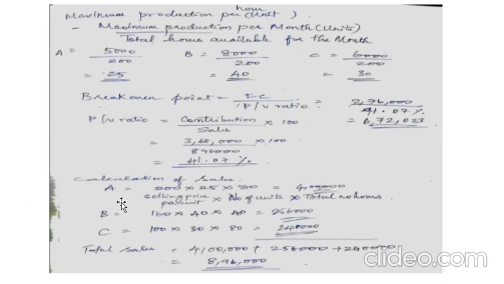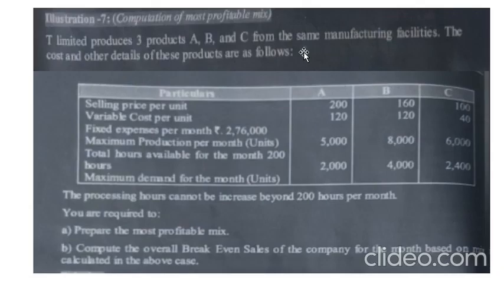So calculation of sales. For A, selling price per unit, that is the selling price which is given in the problem, into the number of units which are produced in 1 hour, and how many hours it takes to produce the annual demand. So 200 is the selling price as per the question. 200 is the selling price for A, 160 for B, for C it is 100.